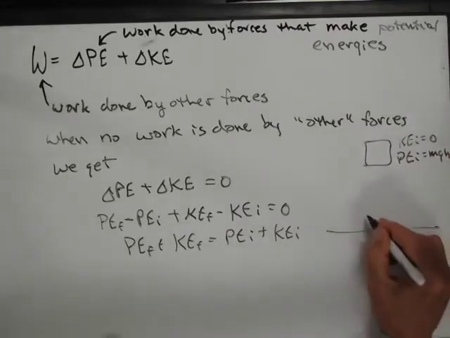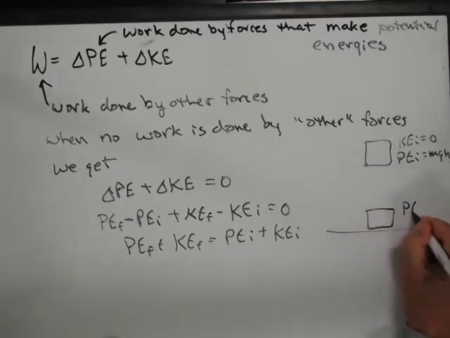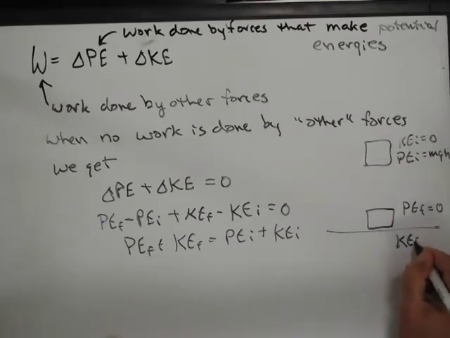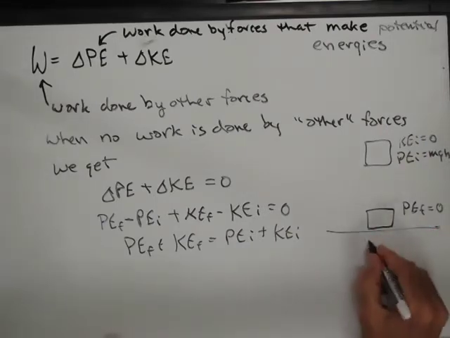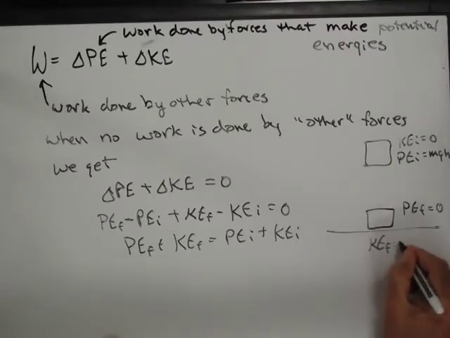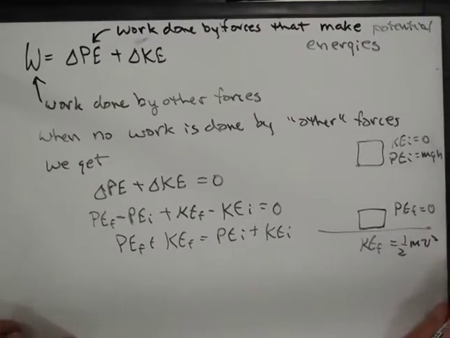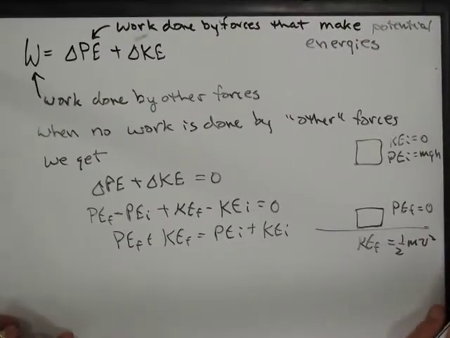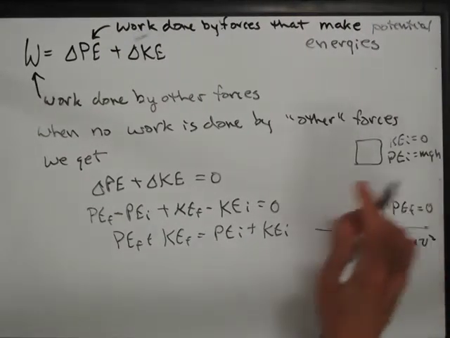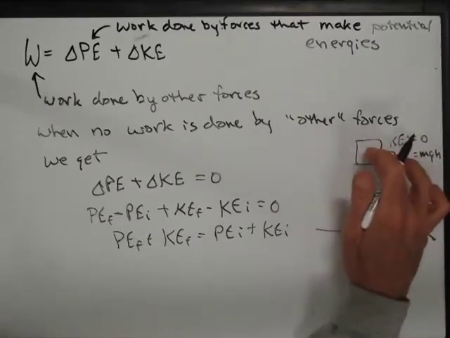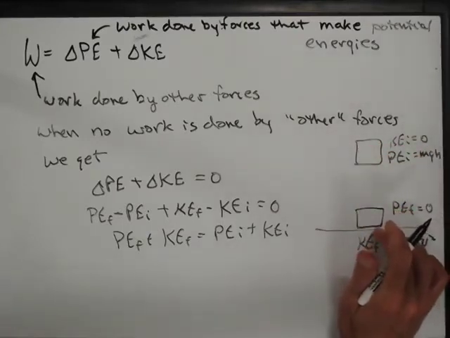And then right before it hits the ground, potential energy final is equal to 0, and kinetic energy final is equal to 1/2 mv squared. Hopefully that's on the screen. And so I go from having all potential and no kinetic to all kinetic and no potential.